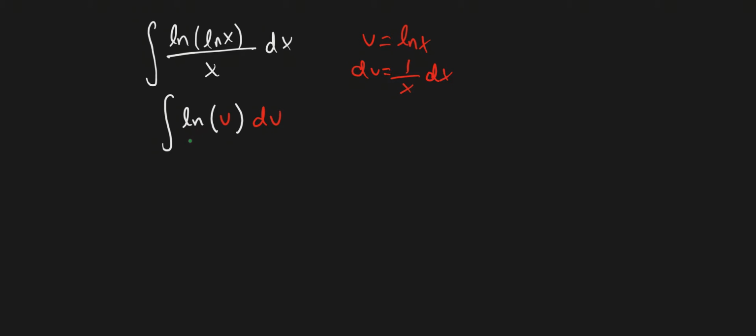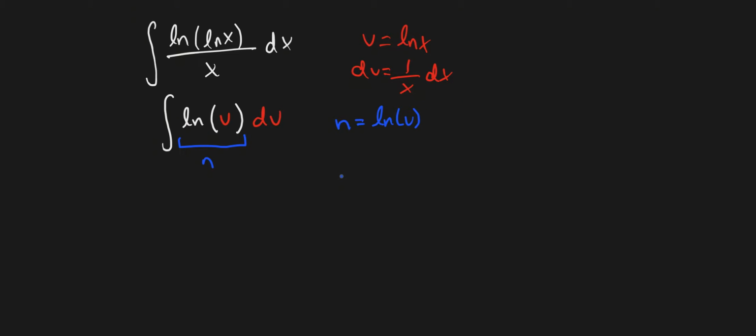Now the next thing we can do is use integration by parts. I'm going to set this portion equal to n, so n equals the natural log of u. I'm not using u and v because u is already used up here. You can use a different variable, but when u is used up, I like to use n and m.